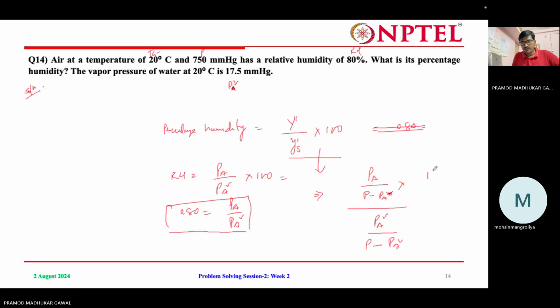Into 18.02 divided by 28.97, right? So the 28.97 gets cancelled, right?